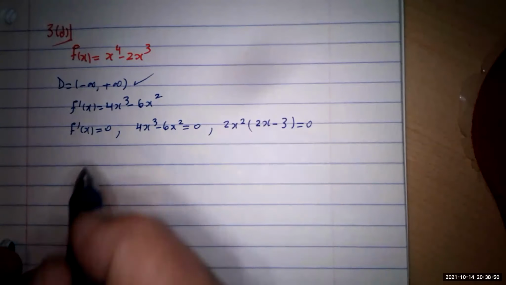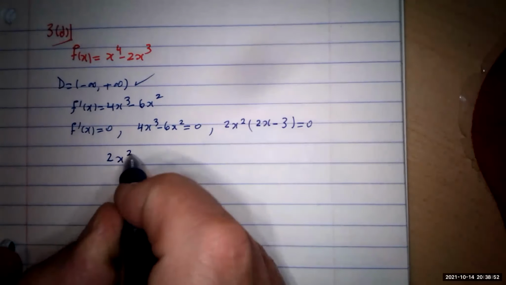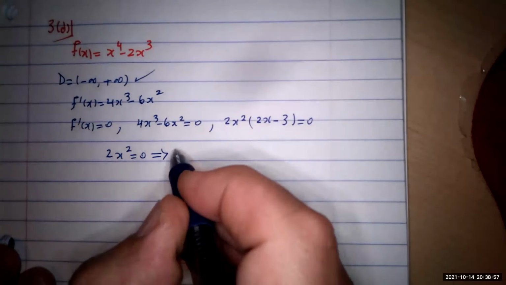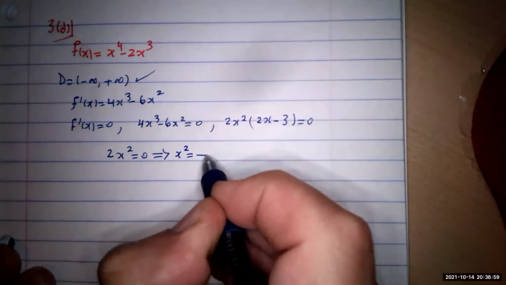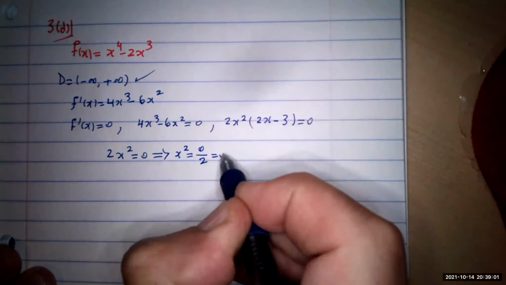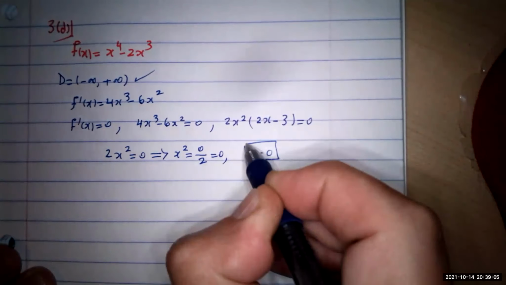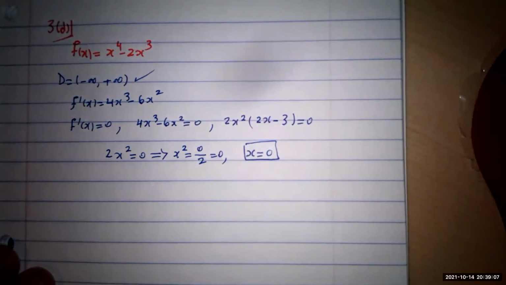We need each factor to be equal to 0. You have 2x squared equals 0. Divide by 2, that gives x squared equals 0 over 2, which is 0, and you take the square root, that gives x equals 0, which is one of your points.